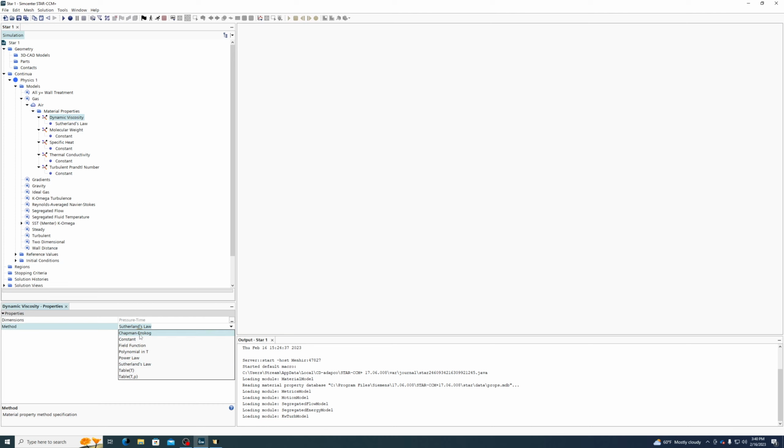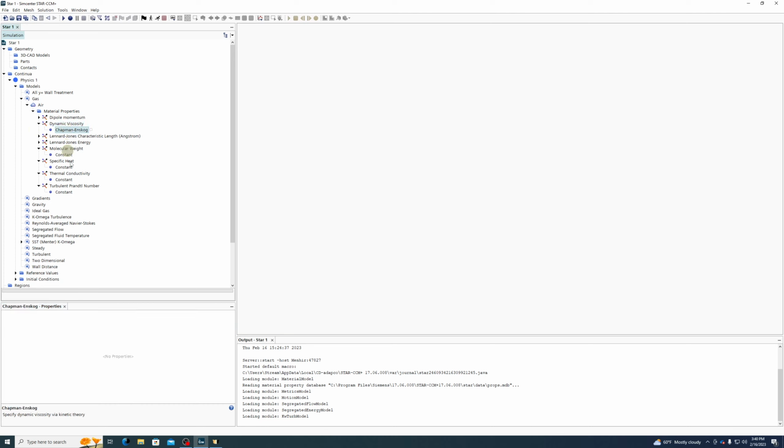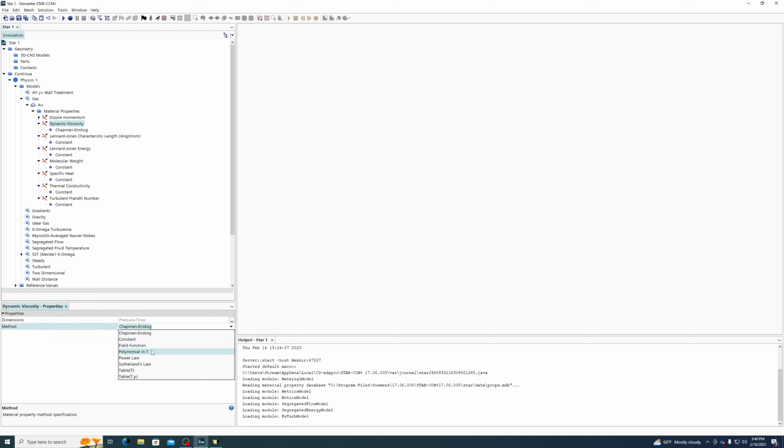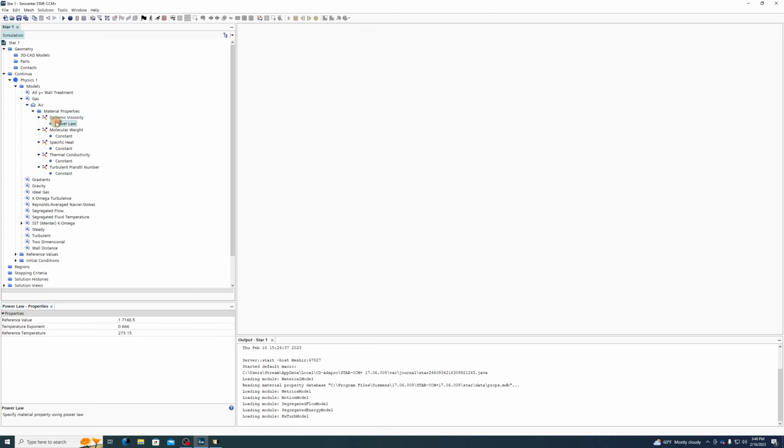You could tell it, use the Chapman-Enskog equation, which I'm not actually personally familiar with, but you notice that it gives you some other properties to mess around with that it will use to calculate, presumably, dynamic viscosity. You could tell it that it obeys the power law. Again, give it some constants. It can use those to calculate dynamic viscosity.